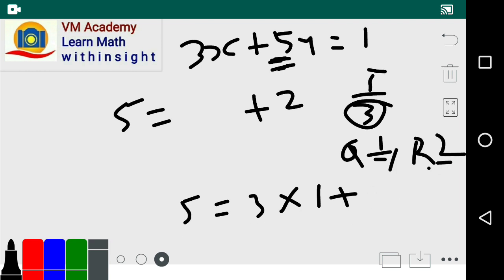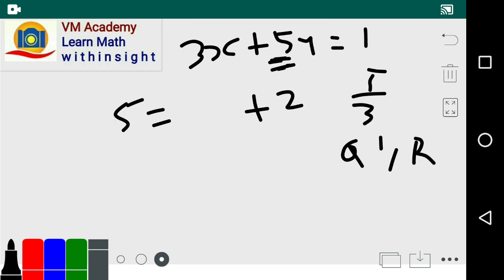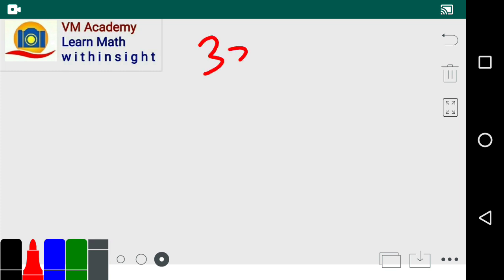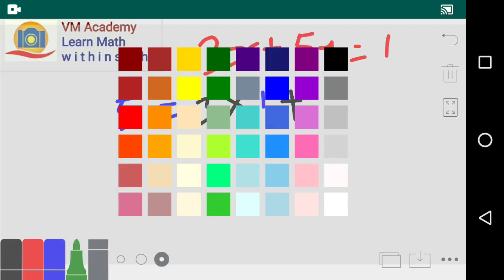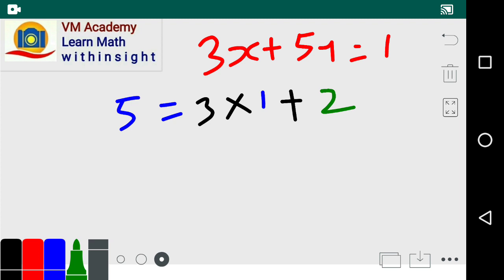And in this manner friends, 5 can be expressed as 3 into quotient 1 plus remainder 2, and thus we can express remainder 2 as 5 times 1 minus 3 times 1.